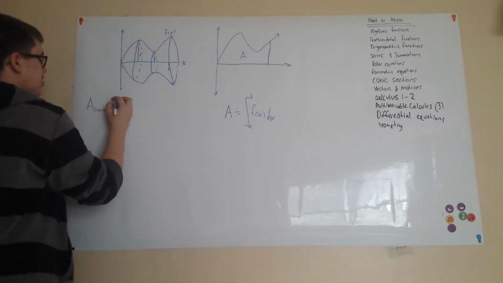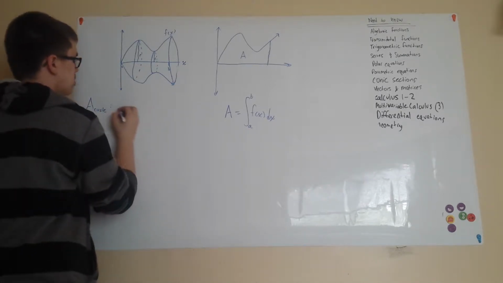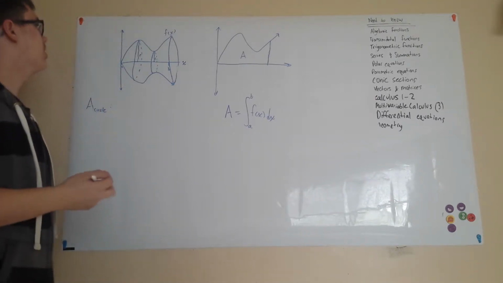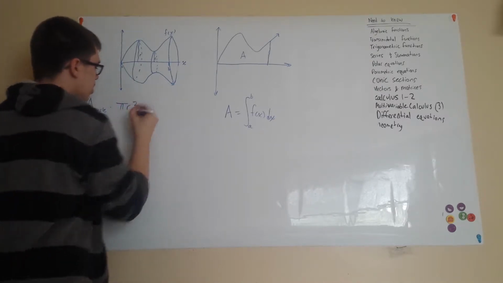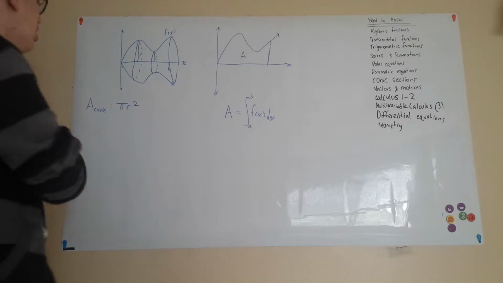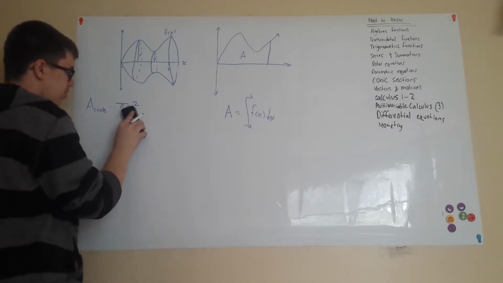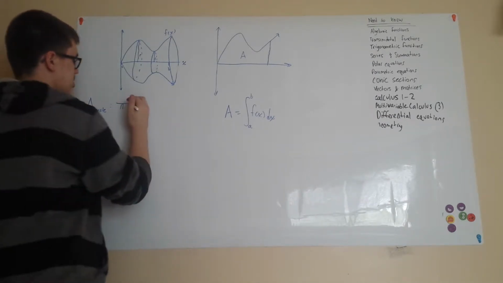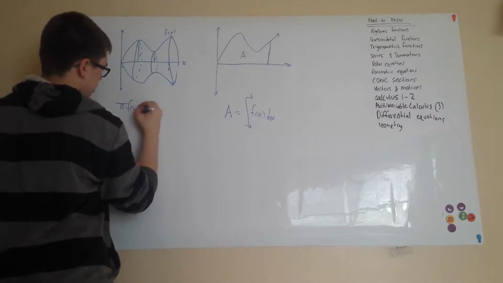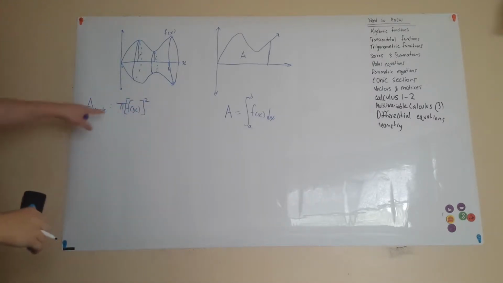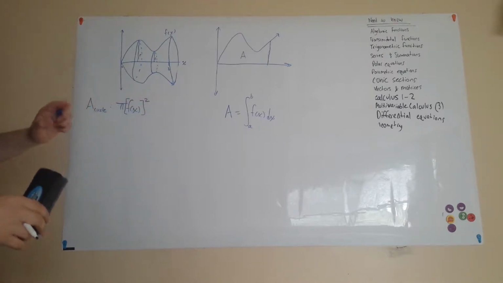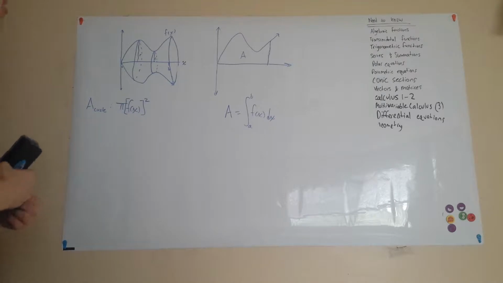So the area of the circle is what? The R is the function height, right? It's pi r squared. Now, I know that's an area of a circle, but the function itself is f of x. And we're squaring that function. So it's pi times f of x squared. Okay, so we know the area of the disk, right?